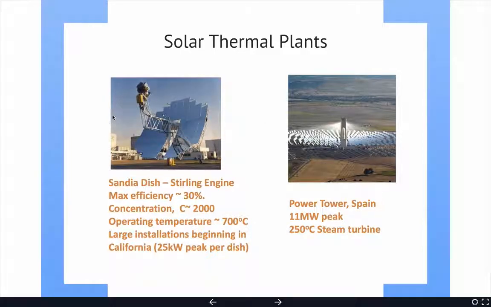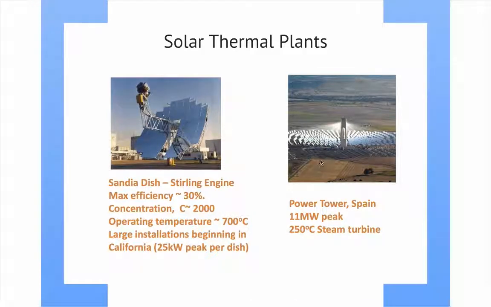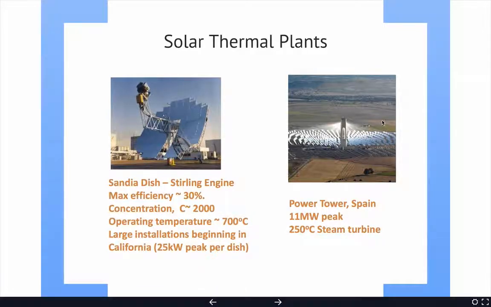The other way to implement these sorts of heat systems is what's shown here, which is a solar tower, or called a power tower. This is an example from Spain, but some of you have probably seen the one outside Las Vegas. It's closer to us. These can be very giant systems, basically a bunch of mirrors over a very large area which focus sunlight to a specific spot.